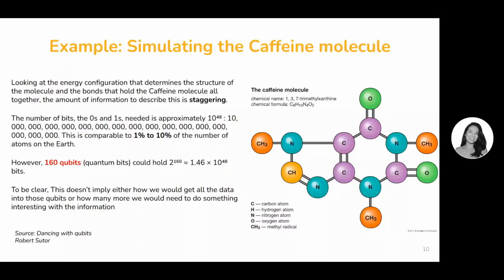The X gate is the equivalent of the NOT gate in Boolean logic, which is, if you apply NOT to the state 0 or to the value 0, you get the value 1. So once we have the states 0 and 1, we can also create superposition states.